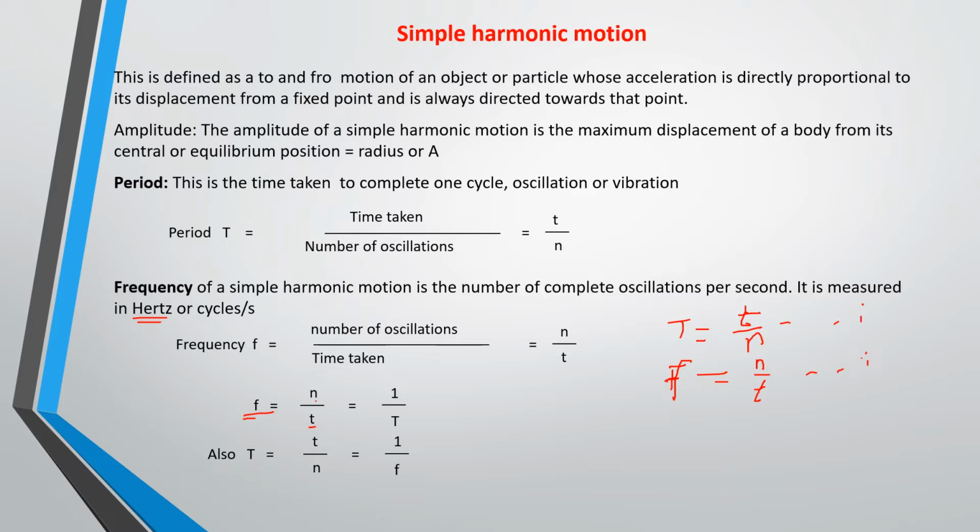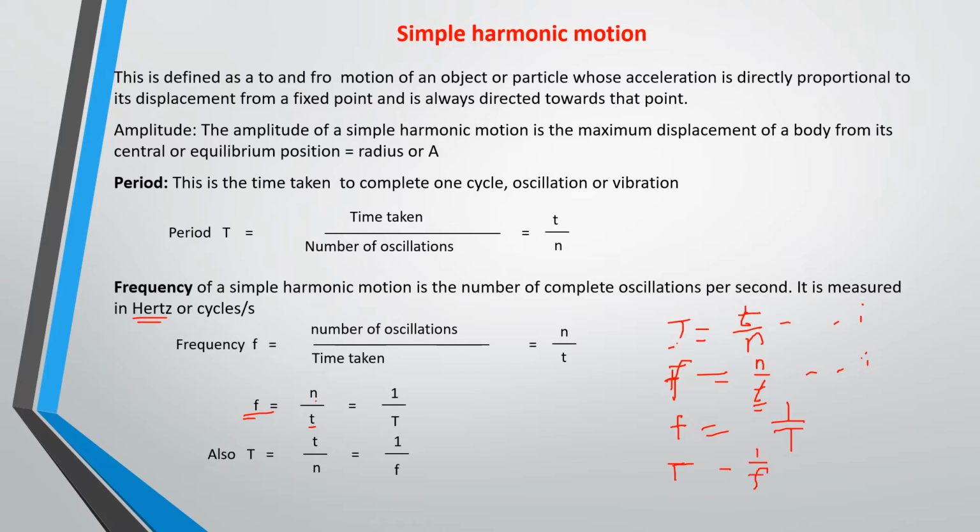The equation for frequency is the inverse of the period, so frequency can actually be written as 1 over T, 1 over the period, and the period can also be written as 1 over f.